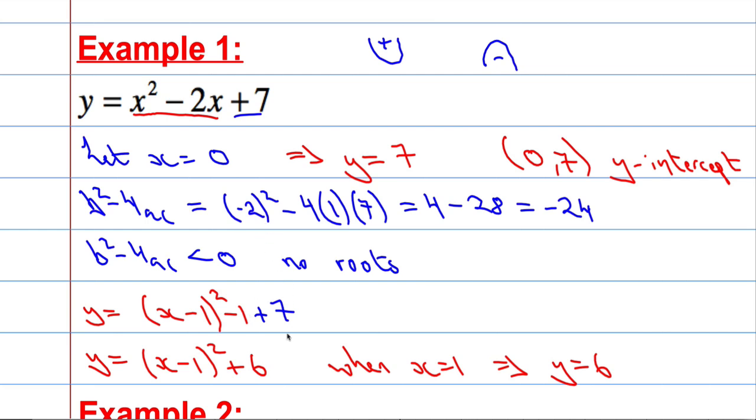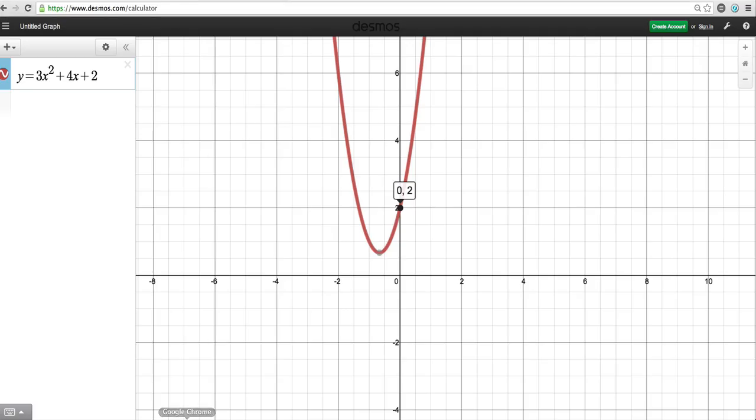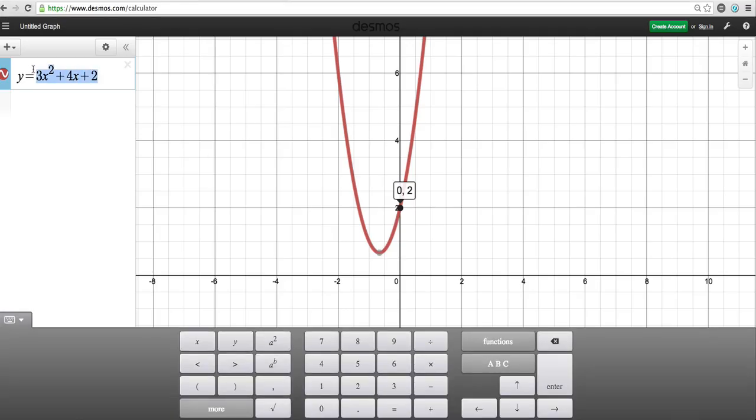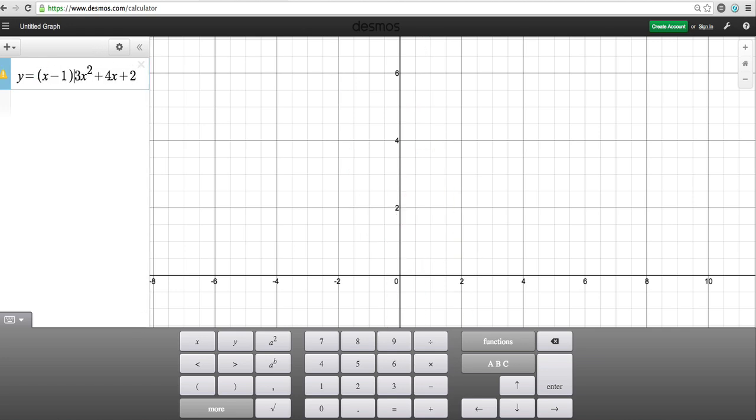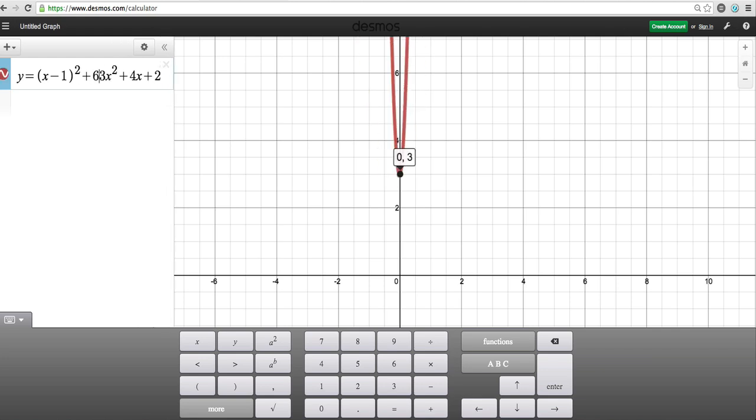Now let me show you on Desmos exactly what I've just found. So let's put it in this form. Y equals x minus 1 all squared plus 6.